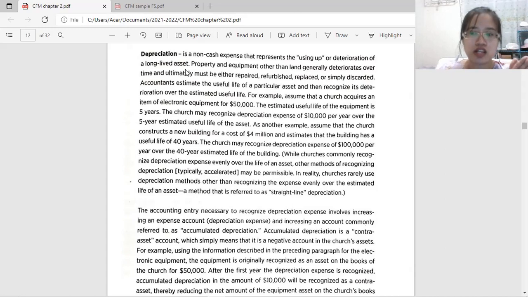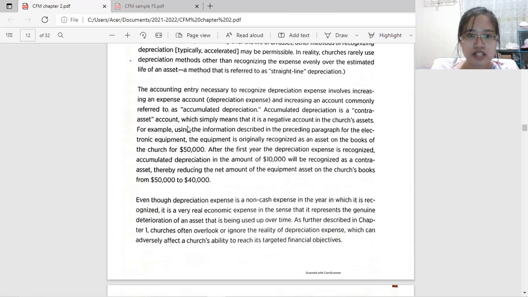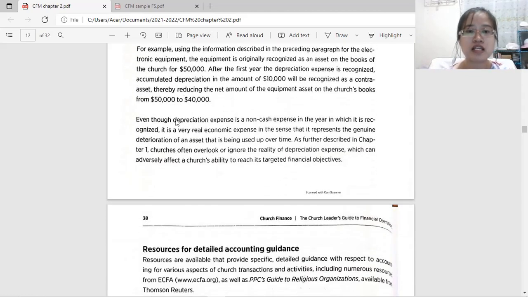So that's why over the years we must also include in the budget a portion to accumulate enough amount to buy a replacement later on. But you will see in the statement of activities the depreciation expense. It would appear there.